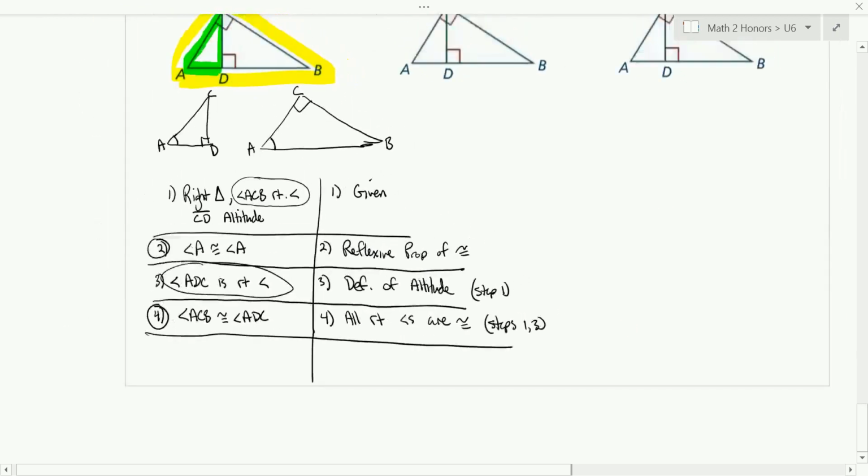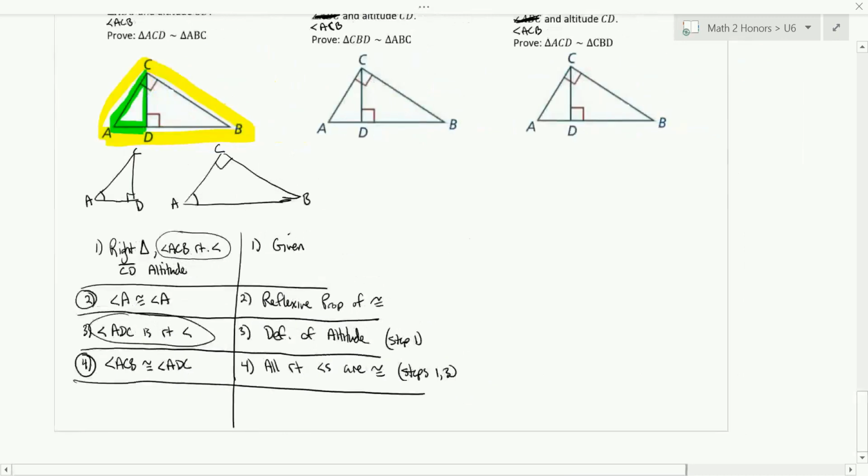Actually, we're done with the proof with this last one, we got one more statement. Finish it off. Triangle ACD similar to triangle ABC. Why? Angle, angle similarity. And that came from steps 2 and 4. Again, this is about as hard as those proofs get.